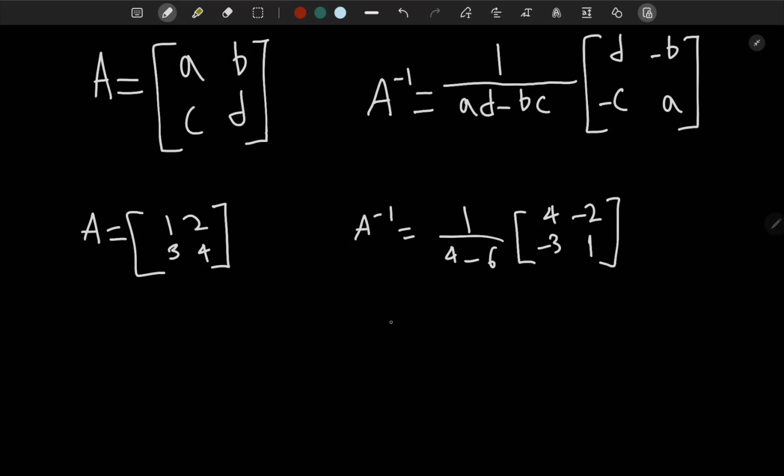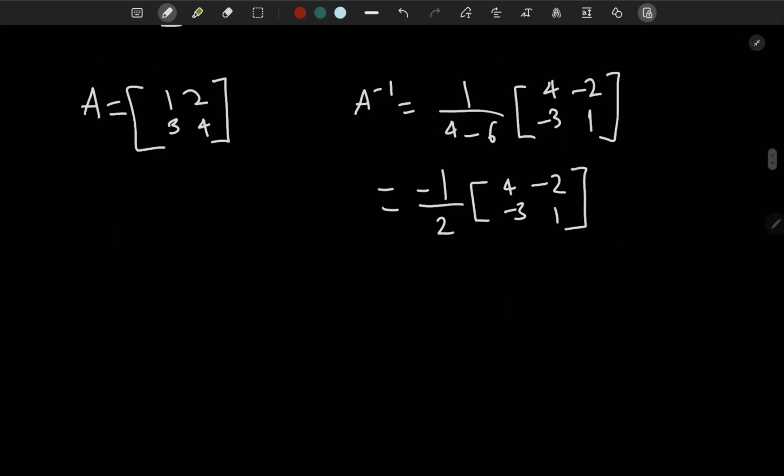So let's simplify the fraction first. So it's going to be negative 1 over 2 times 4, minus 2, minus 3, 1. So now what we just have to simplify here is we have to times this by each of the elements in the matrix.